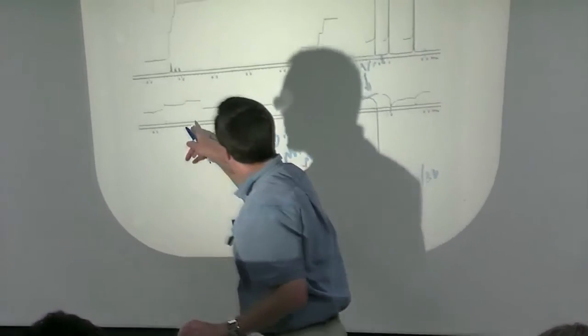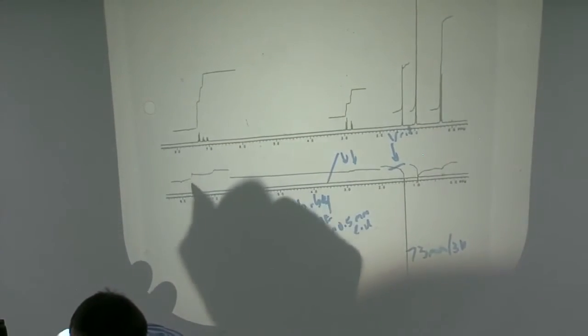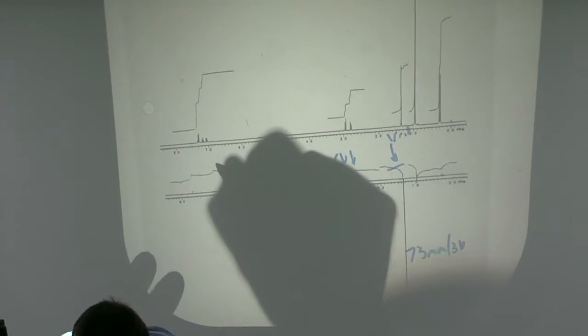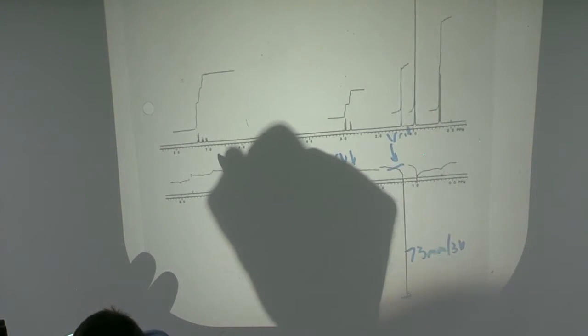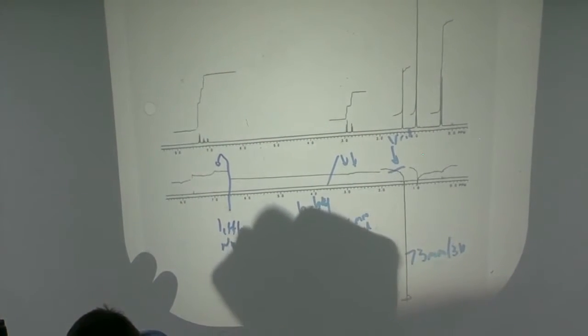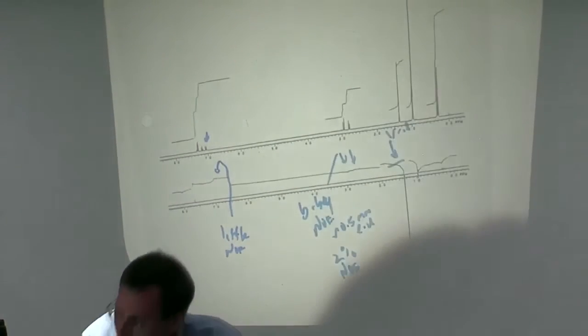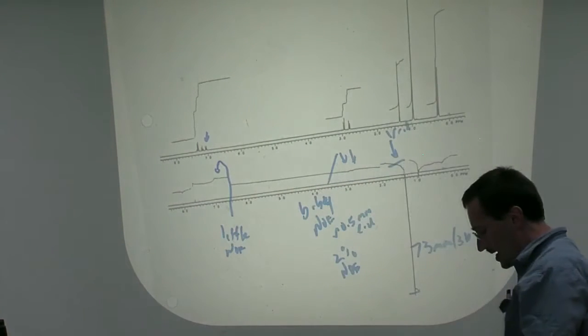So you slap an NOE on everything, and you say, oh, wait a second, okay, I've got some subtraction artifacts here, but I see a teeny tiny NOE here. You can see this guy here has just gotten a teeny tiny bit bigger.